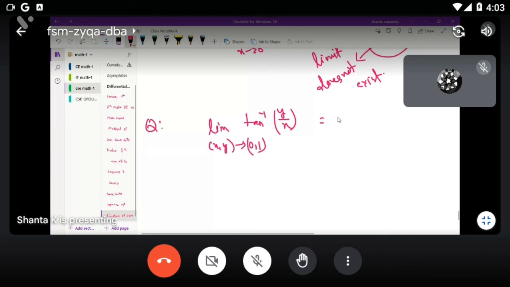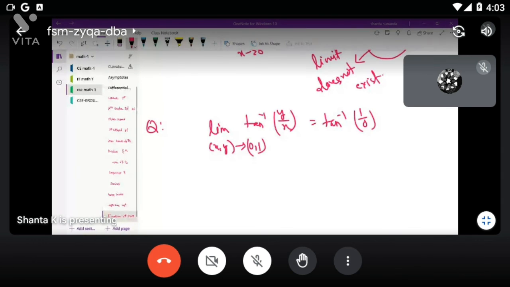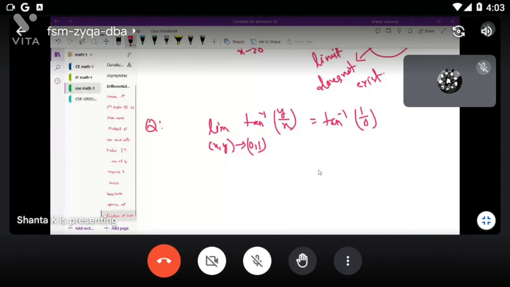Since it is a limiting value, directly put the values. What are you getting? Tan inverse infinity. What is the value?